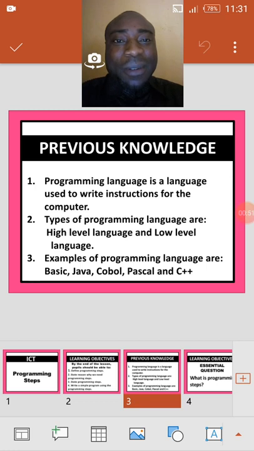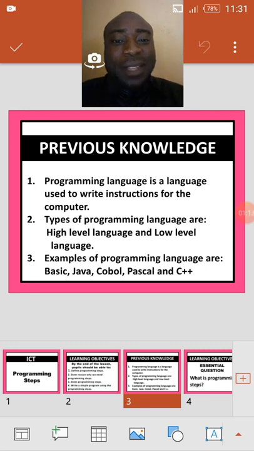Now let's look at our previous knowledge, that is our previous lessons. In our last lesson, we looked at programming language, where we said programming language is a language used to write instructions for the computer.